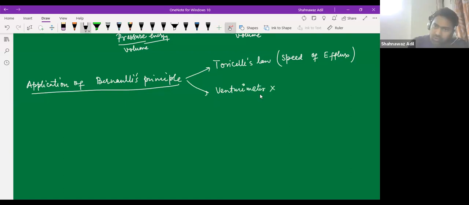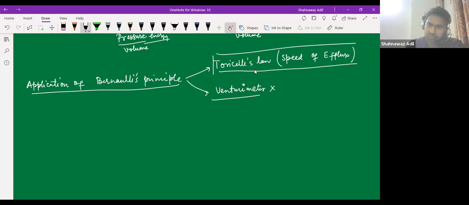This part is very important, and let us understand.